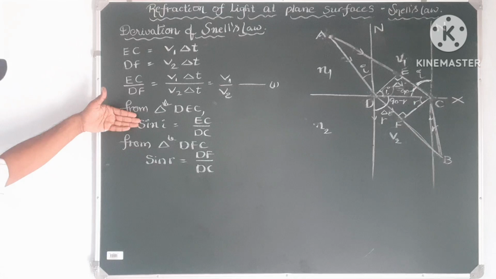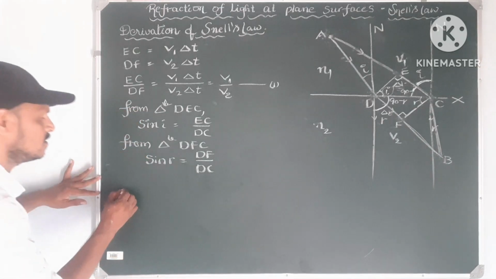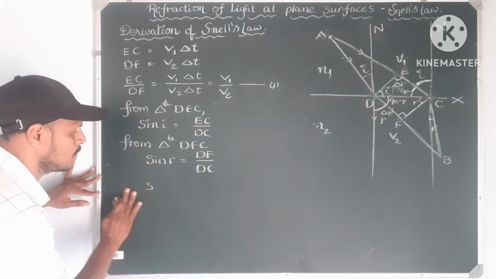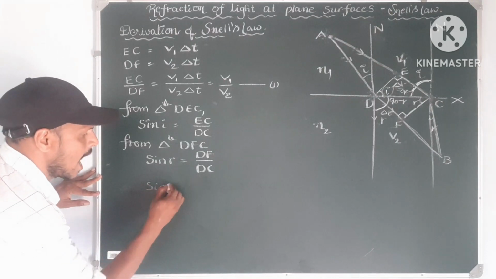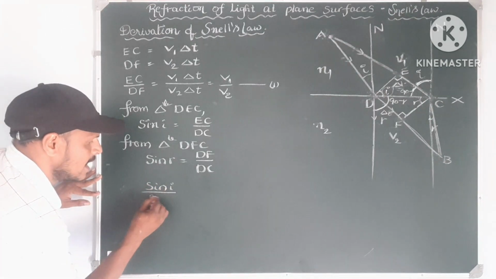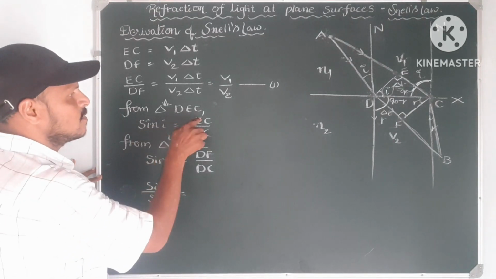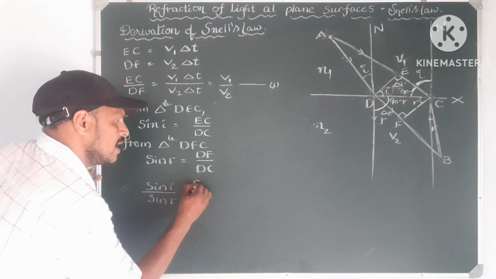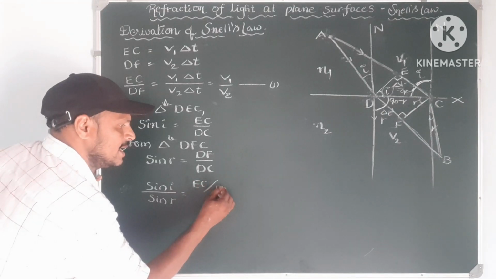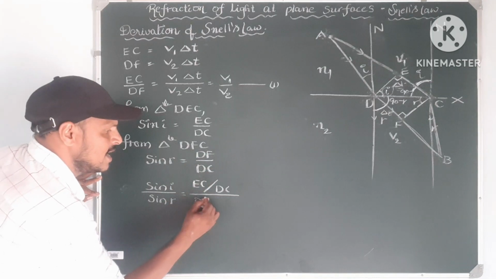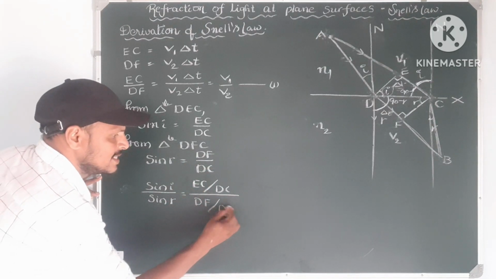Now divide sine I by sine R. Sine I by sine R is equal to EC by DC divided by DF by DC.